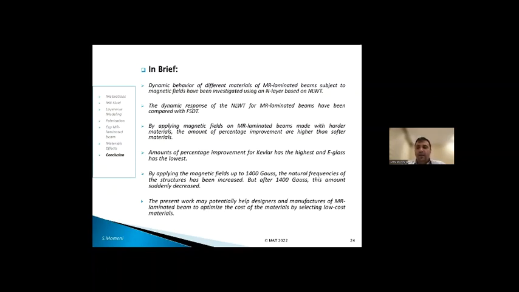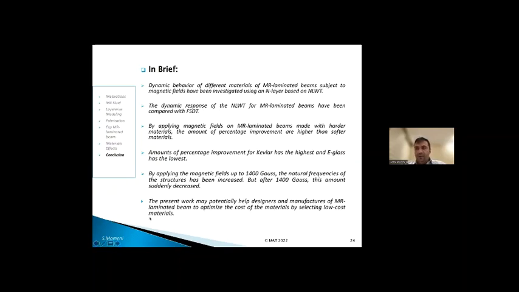By applying the magnetic fields on the structure, the percentage for the harder materials is much bigger than for other materials. The percentage improvement of the Kevlar is the highest and e-glass the lowest. As we discussed, by applying magnetic fields up to 1,400 Gauss, the natural frequencies of the structure increased, but after that decreased.